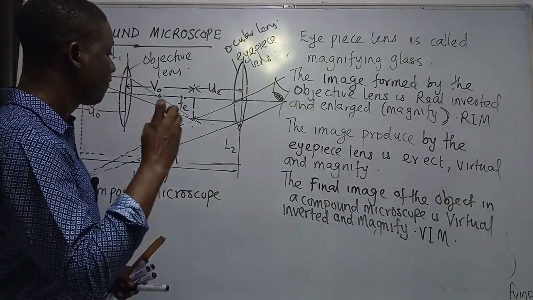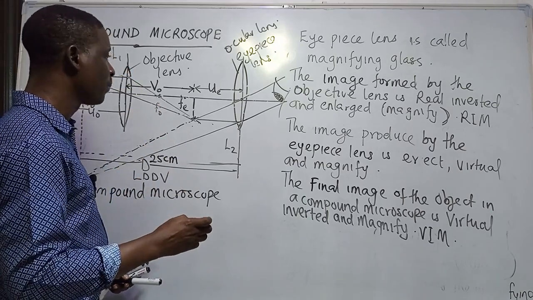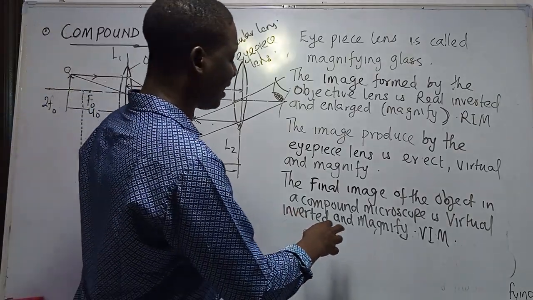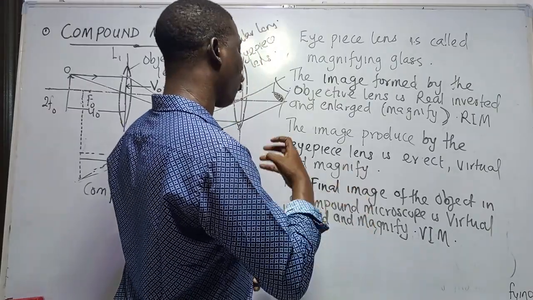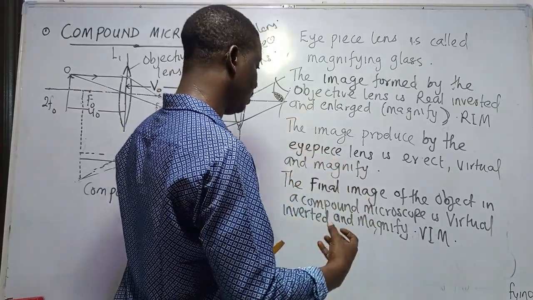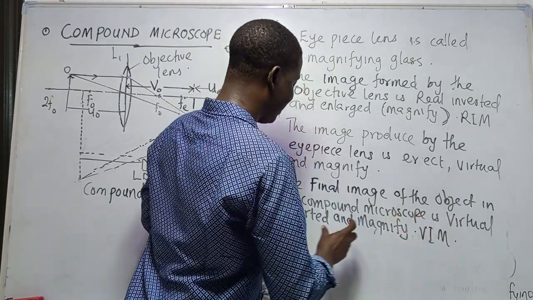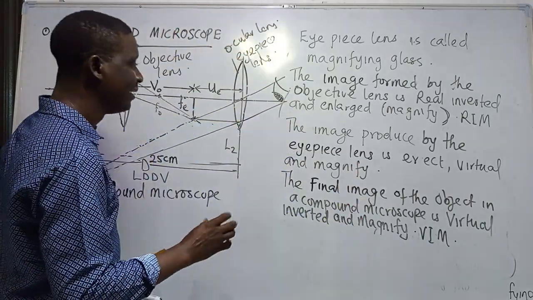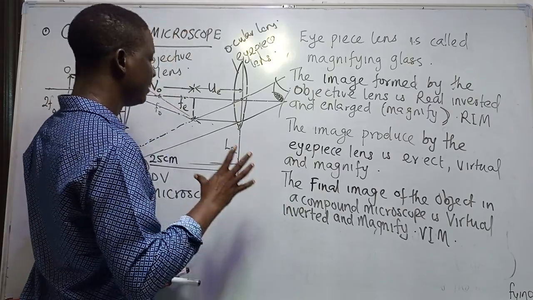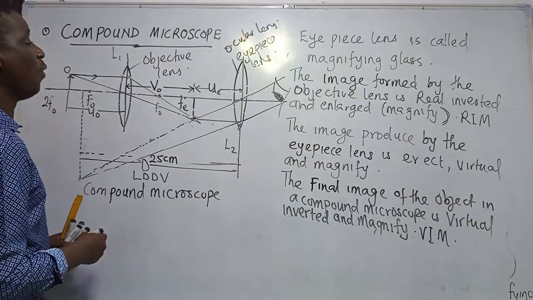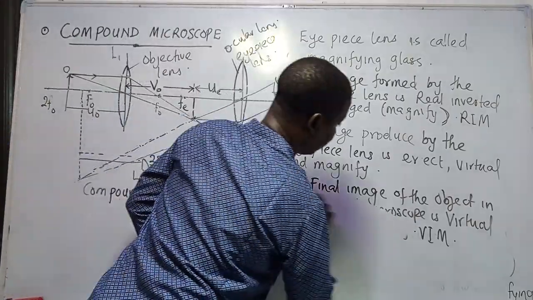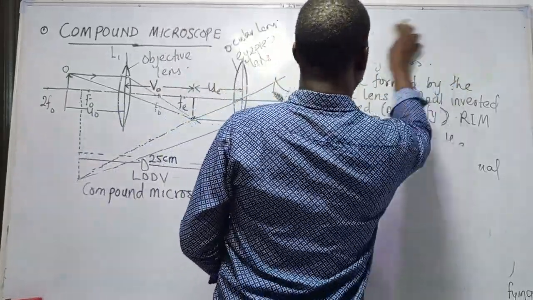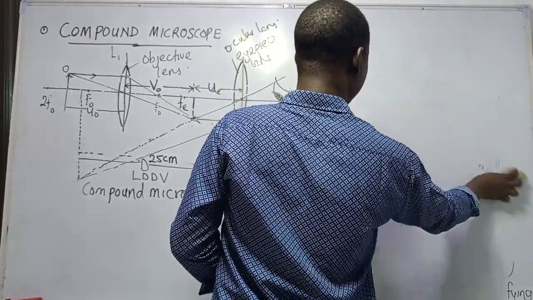In normal adjustment, a compound microscope produces a virtual, inverted, and magnified image. Now, let me generate the formula of a compound microscope.